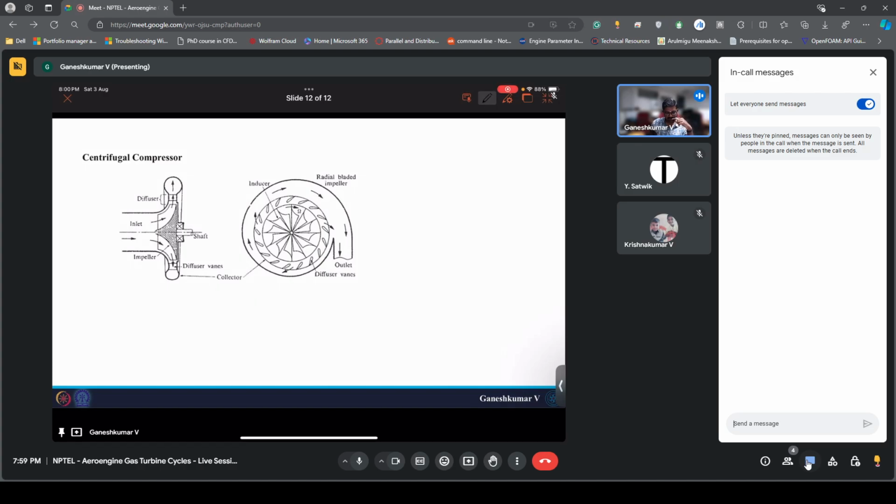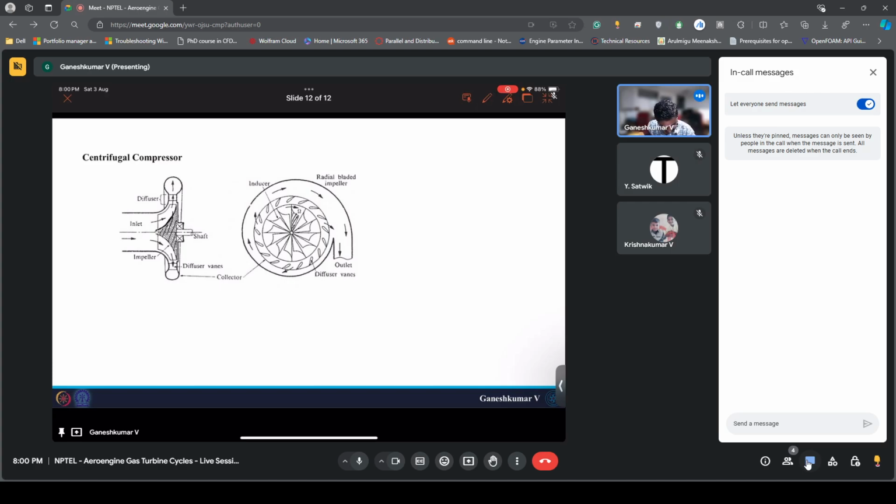In a centrifugal compressor, you can have a very high pressure ratio within a stage, and this happens because of the rotary motion of the impeller. The impeller is nothing but the thing we have here. It will be connected to the turbine and will be continuously rotating, and you have these blades.